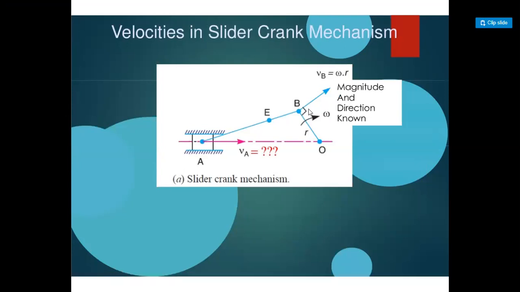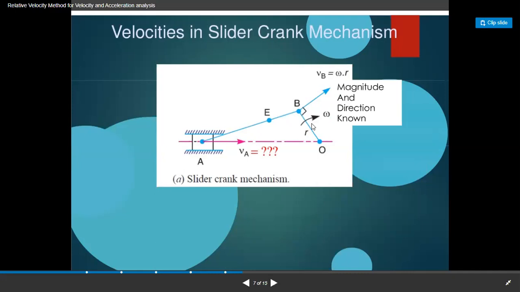So we can get the linear velocity VB by multiplying the angular velocity with the length of the link, omega into R. Also, the direction of the velocity of B is perpendicular to the link OB. So we have the direction, and also the magnitude.